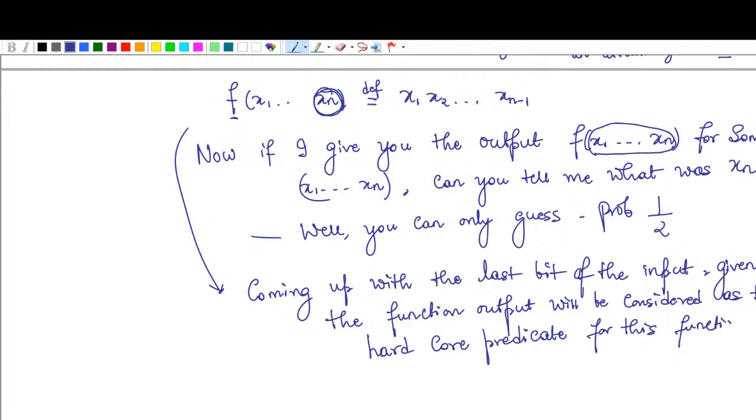Of course, the form of the hardcore predicate will differ, and it depends upon the form of your function.